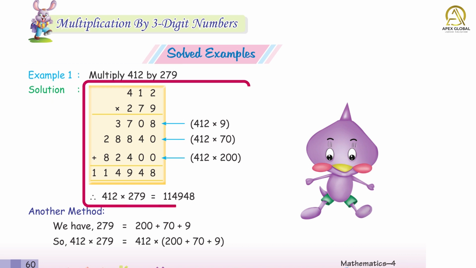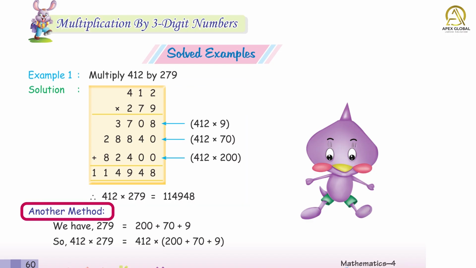Solution. 412 into 279. 412 into 9. 412 into 70. 412 into 200. 412 into 279 is equal to 1,14,948. Another method, we have 279 is equal to 200 plus 70 plus 9.